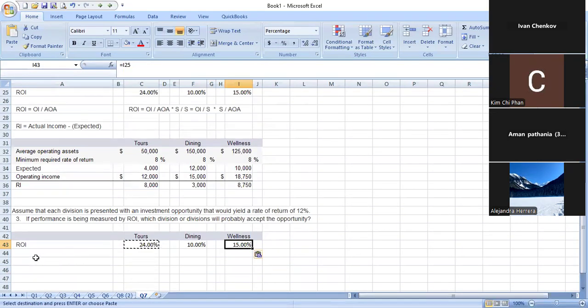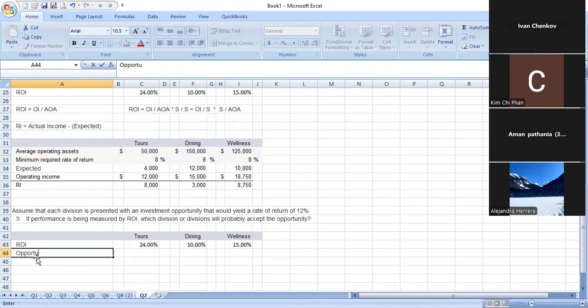So, the opportunity we have gives us 14%, 12%. Is this division going to accept it? No. This is purely no. Is this division going to accept it?